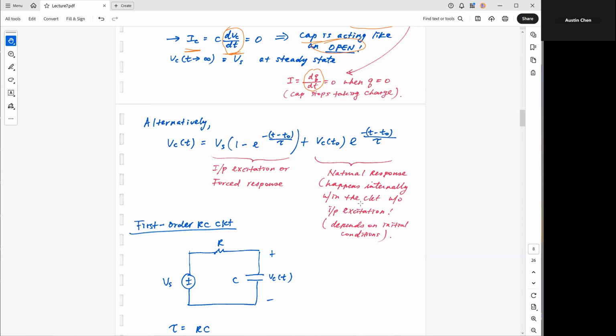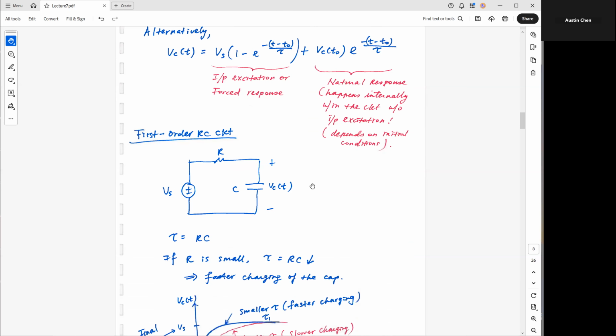So if you have some voltage residing across the capacitor at some initial time instance t0, then that is an indication of this natural response.